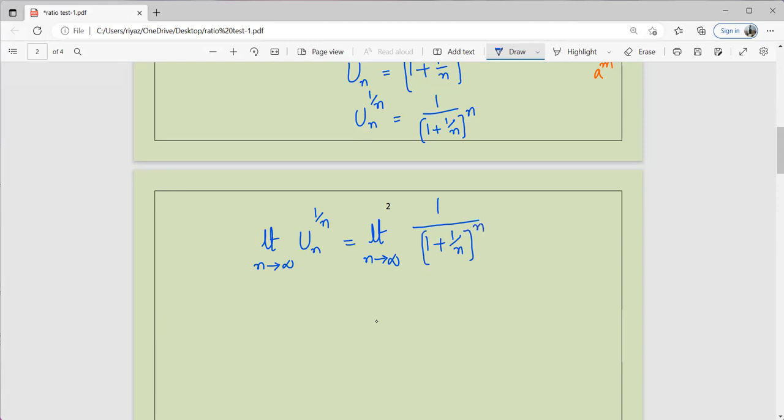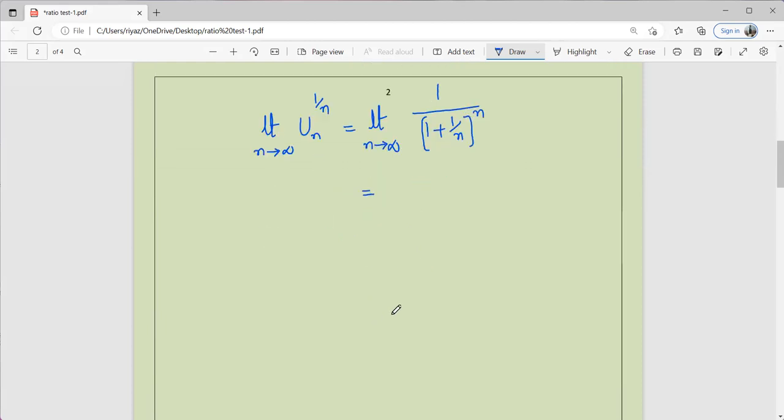So we have a formula again. If something by something form is there, we can read it as f of x by g of x form.